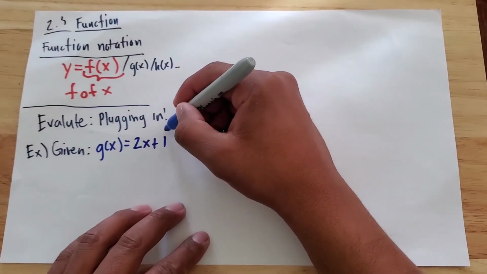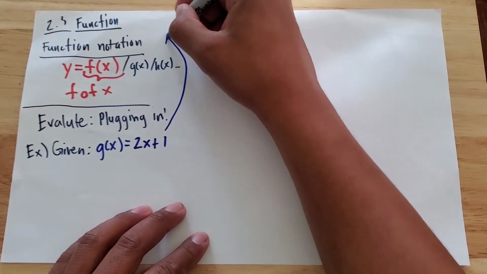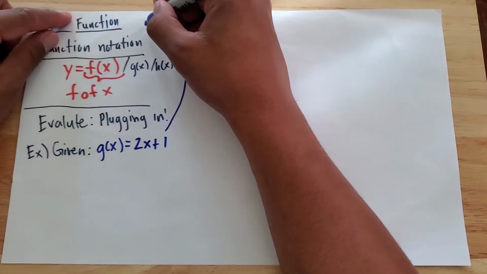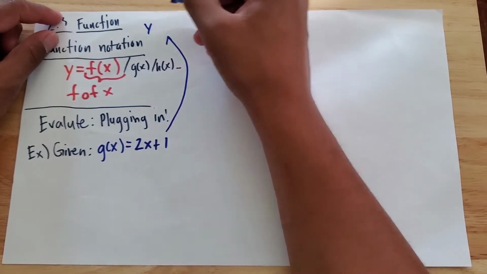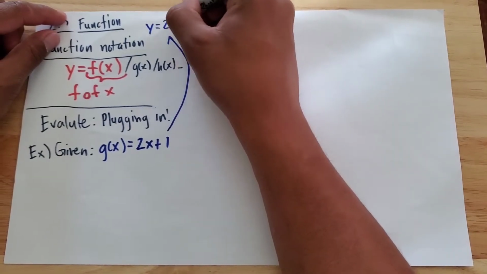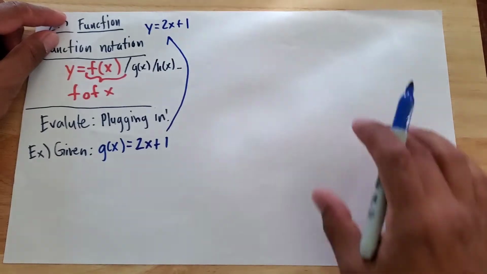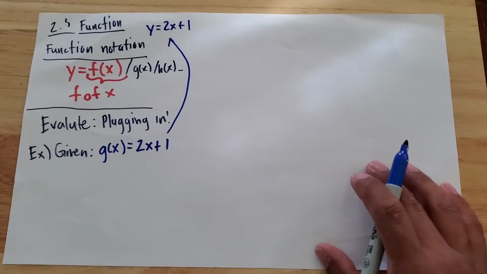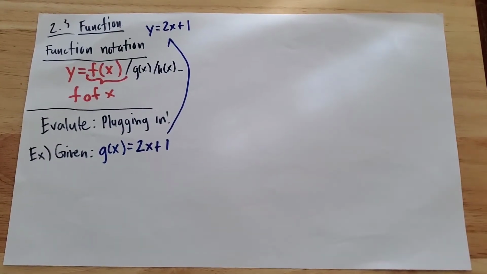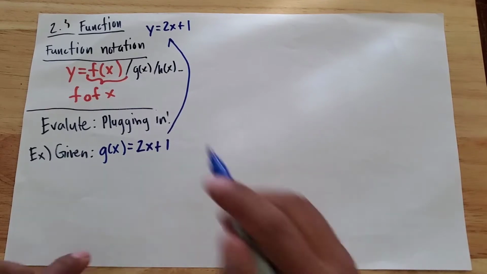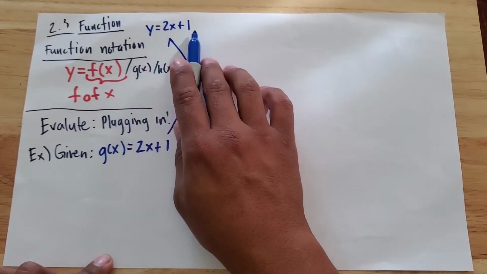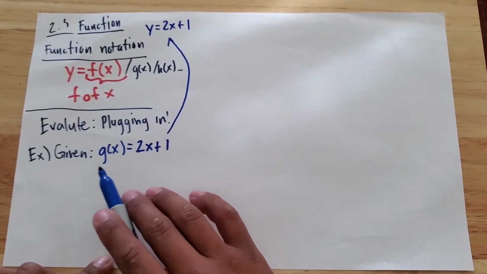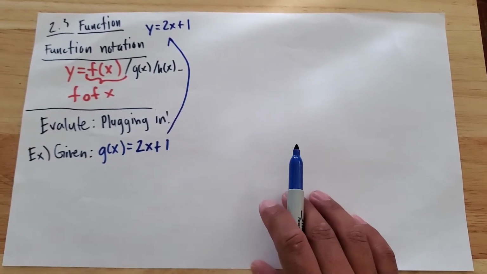And here, I'm going to bring this up here just because I want to write something, but this looks just like when we did y equals 2x plus 1. That's just the equation in slope-intercept form, if you remember when we were graphing those. But now instead of writing y equals 2x plus 1, we're writing g of x is equal to 2x plus 1.